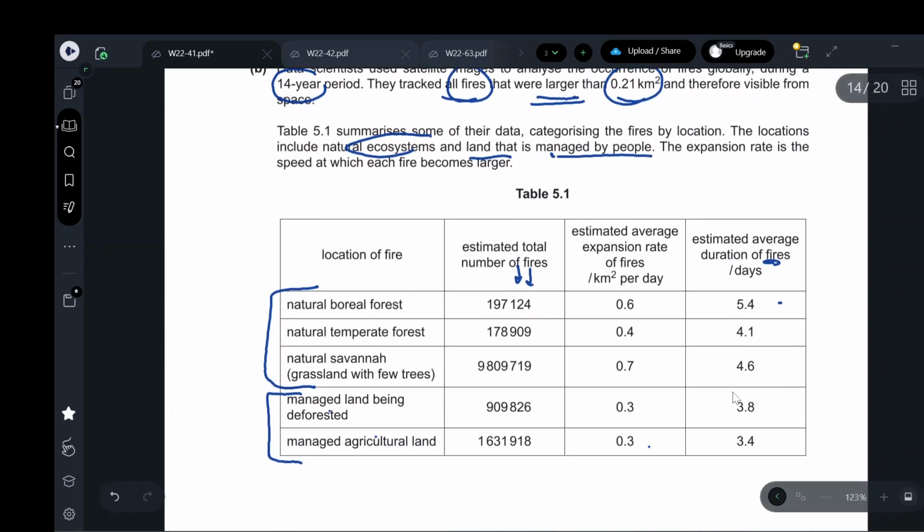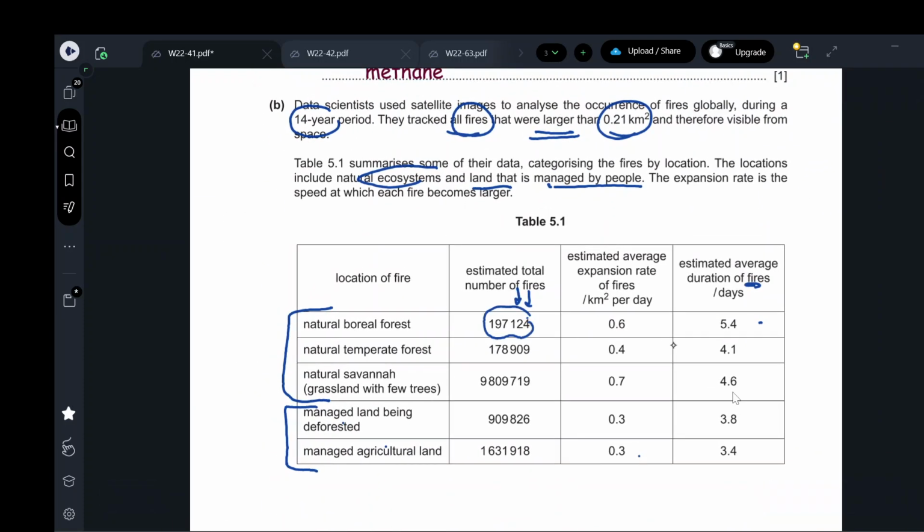Why is this? This is the number of fires, and this is how big it becomes every day, and this is the average duration for each fire. So if you want to calculate how big is the total area burnt, you will multiply all the numbers together.